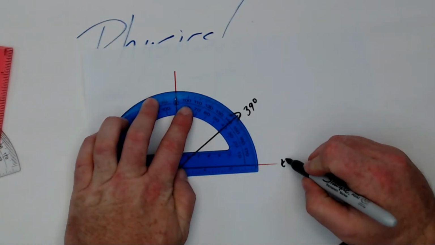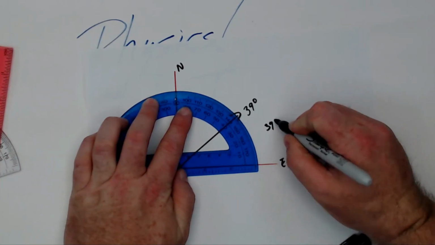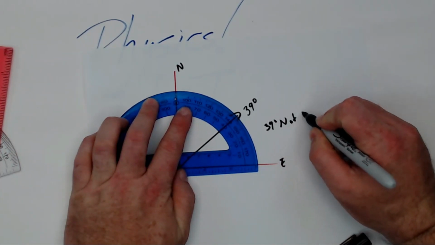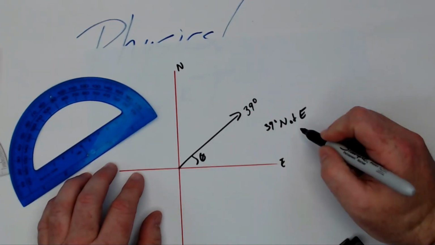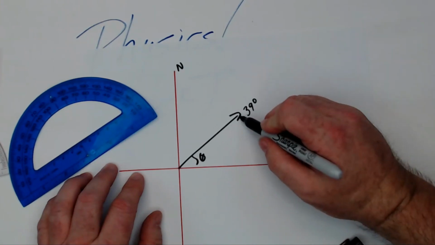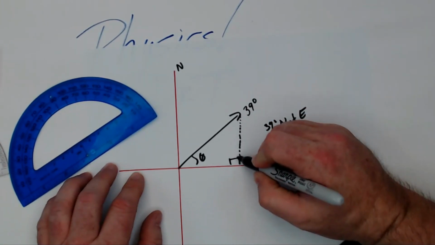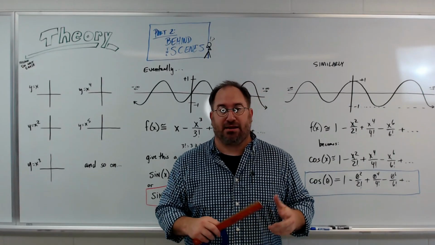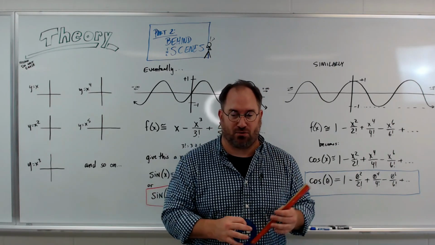And if this is east and this is north, you would write that as 39 degrees north of east. This is the angle here. And if we want to see that triangle, we're not going to do it right now. Got to save something for the professor to do. And as you just saw, with the ruler you can measure the lengths of the legs and so forth.